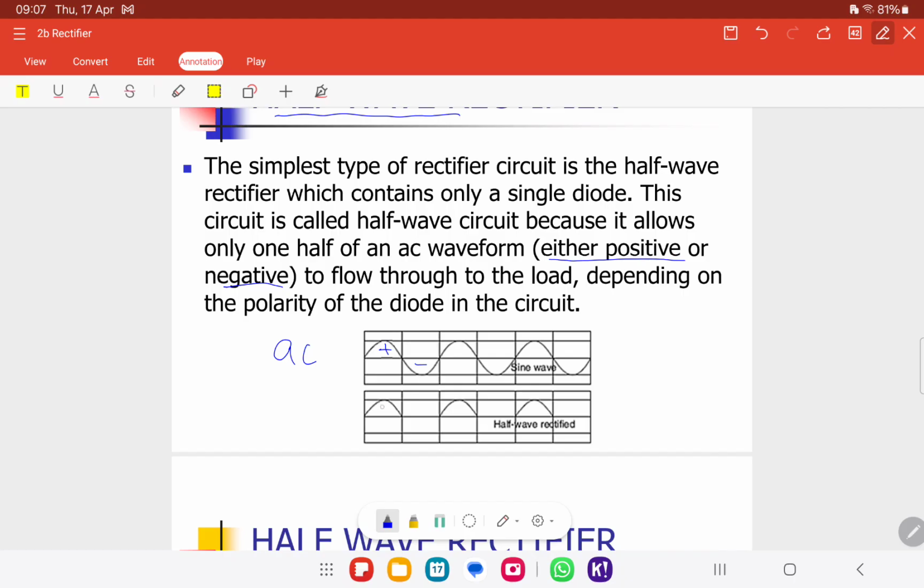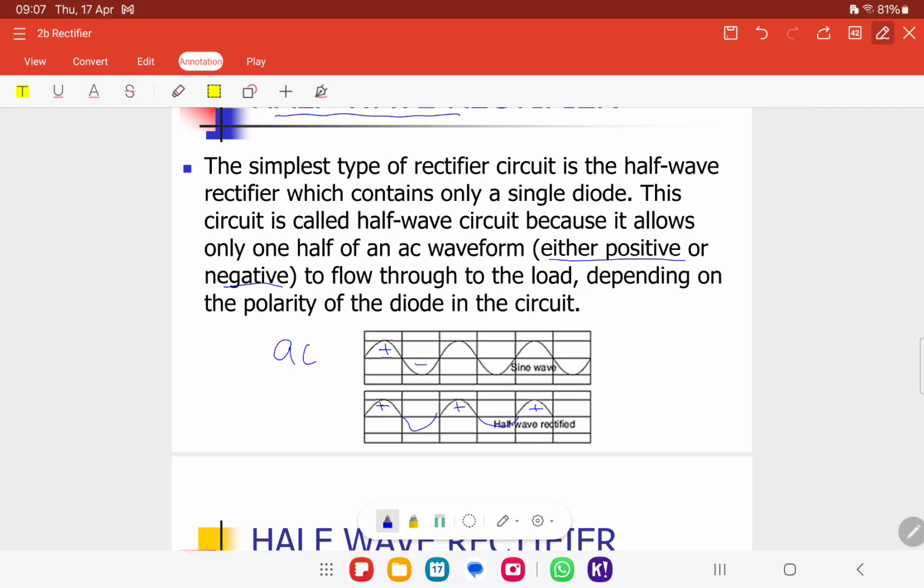Satu je. Now this one yang ditunjuk contoh here is only for positive cycle. It will convert the signal for positive cycle only. For half wave. Sebab dia half. Either one lah. Kalau nak for positive, the connection macam gini adalah on the circuit. Okay. So if for negative cycle, dia kena tukar.